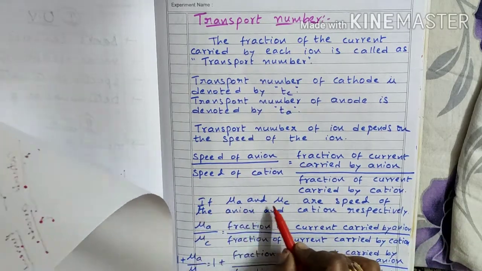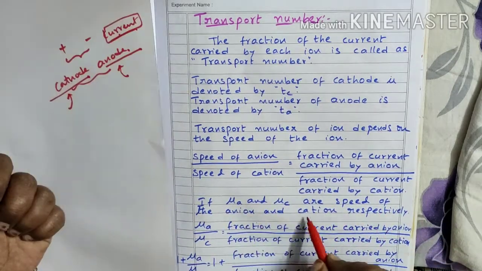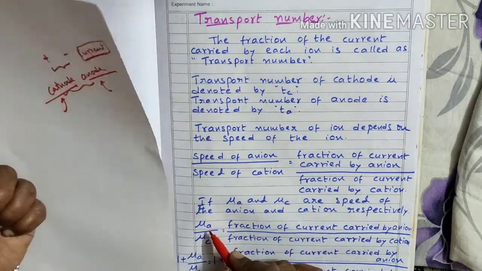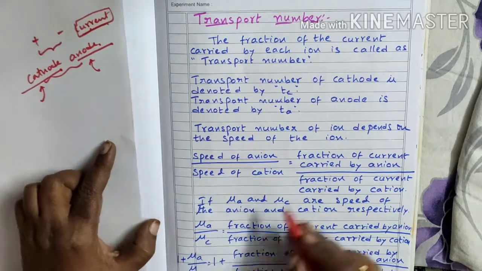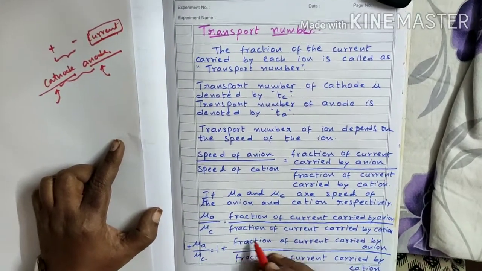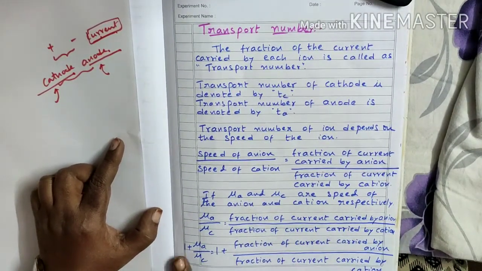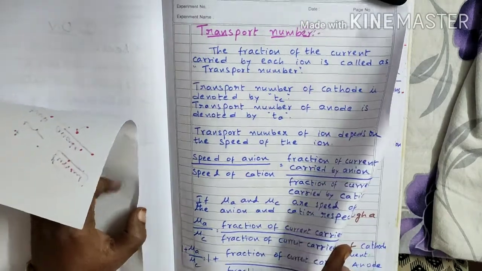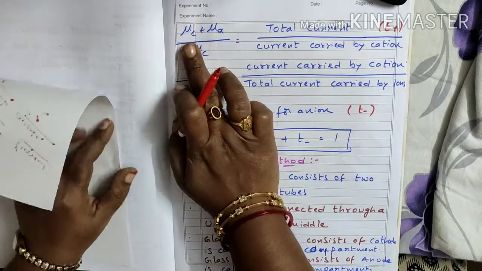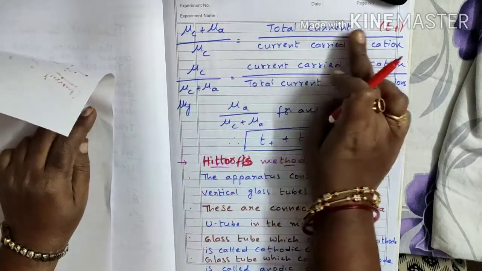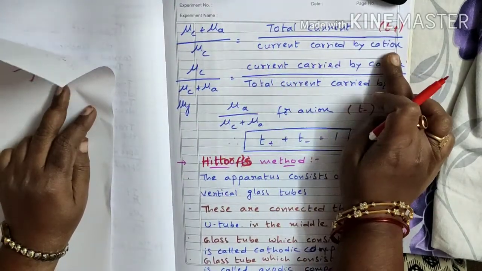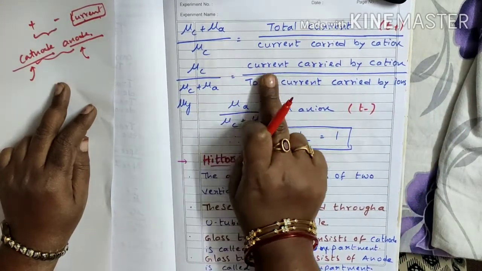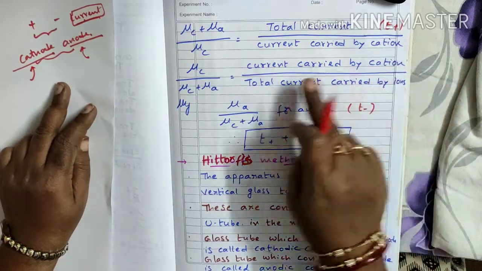If nu A and nu C are the speed of the anion and cation respectively, then nu A is the speed of the anion and nu C is the speed of the cation. The ratio of the fraction of current carried by the anion to that carried by the cation is nu A by nu C. So 1 plus nu A by nu C is nu C plus nu A by nu C, which equals total current by current carried by the cation. Therefore nu C by nu C plus nu A equals the current carried by the cation by the total current.